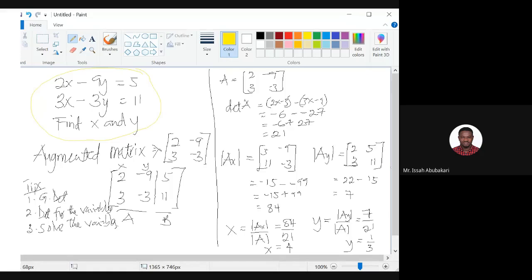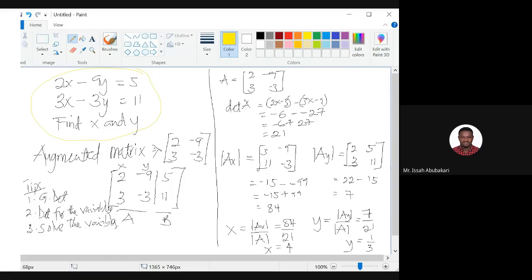The constants, because they don't have any variables, will be termed B, and the 2 by 2 matrix will be termed A. Then, once you write the augmented matrix out, go back to the tips I told you. The first tip says find the determinant of the matrix. The second tip says find the determinant of the variable matrix.